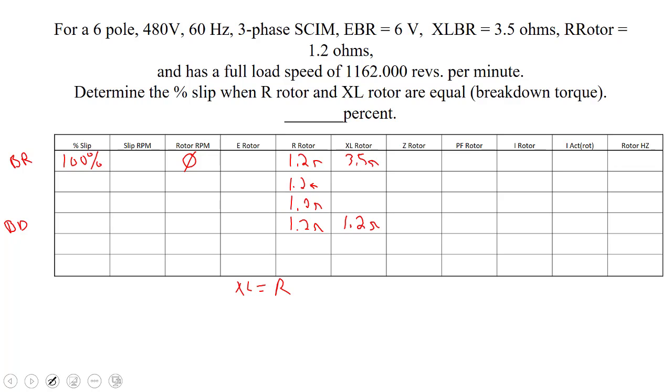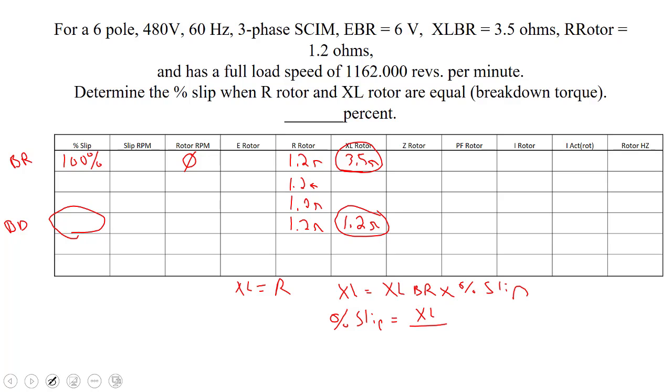All right. Now we're going to use these values of XL to figure out our percent slip at breakdown. With the original formula, if I want to calculate XL, all I have to do is take my XL at blocked rotor and times it by the percent slip. So if I want to know the percent slip, I'll take the XL that I know and divide it by XL blocked rotor and times it by 100.